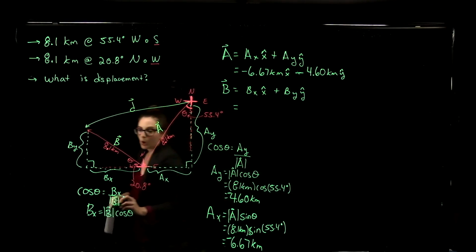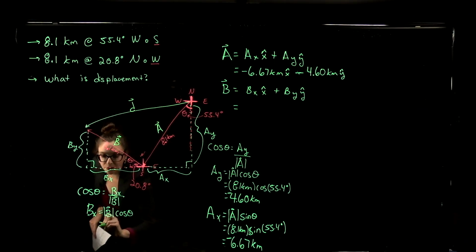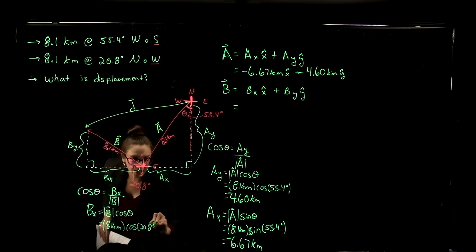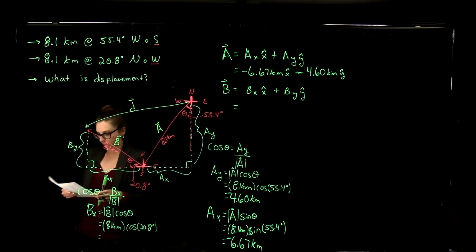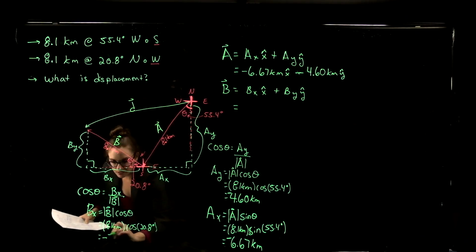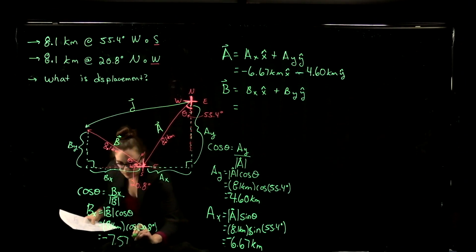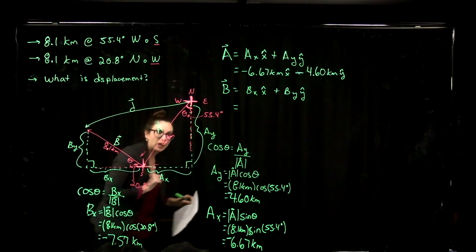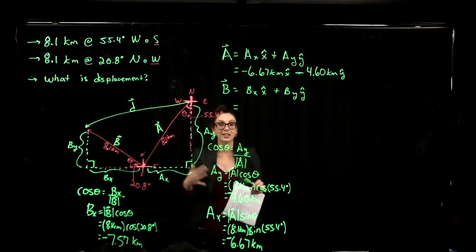Okay. So the magnitude of b was also 8.1 kilometers times cosine, this angle is 20.8 degrees, okay? And that's going to be minus 7.57 kilometers. So when you just do 8.1 times cosine 20.8, you're going to get a positive number.